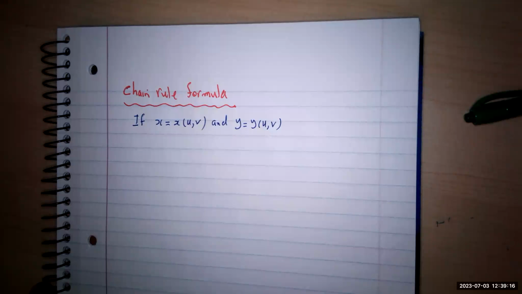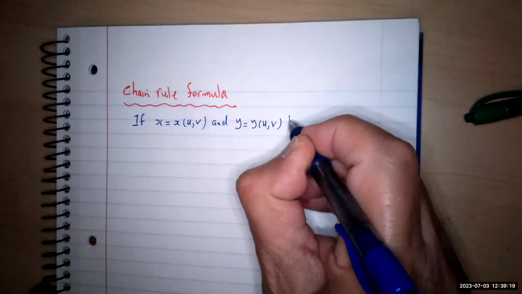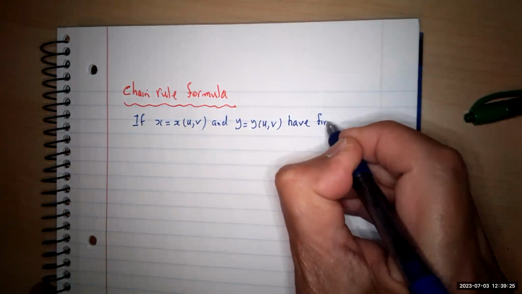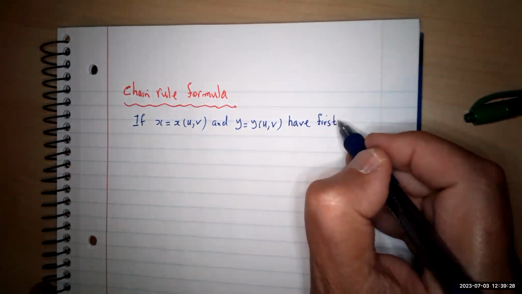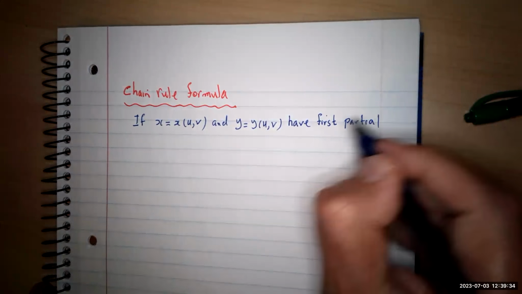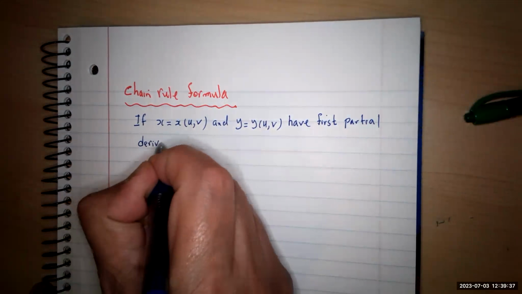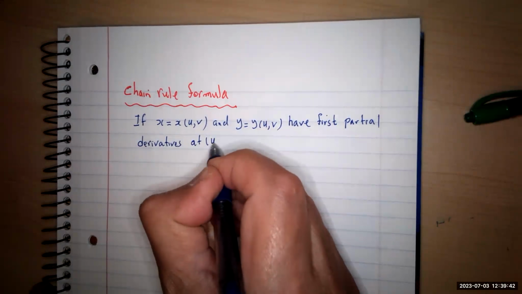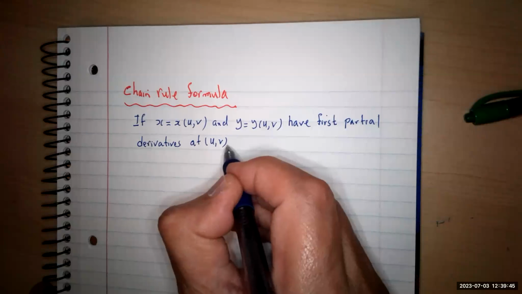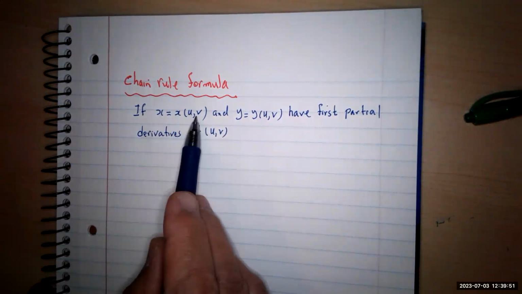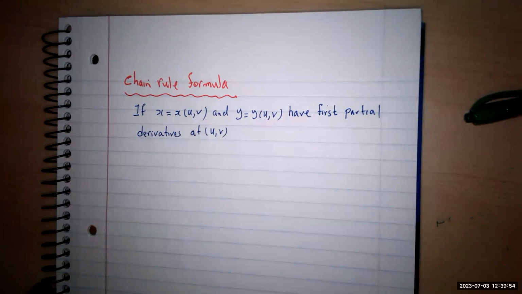So if x and y are such functions, they have first partial derivatives at a point (u, v). They are differentiable with respect to each variable. So the partial derivative of x with respect to u and the partial derivative of x with respect to v do exist. The same thing for y. Those four partial derivatives. Now we bring a function.